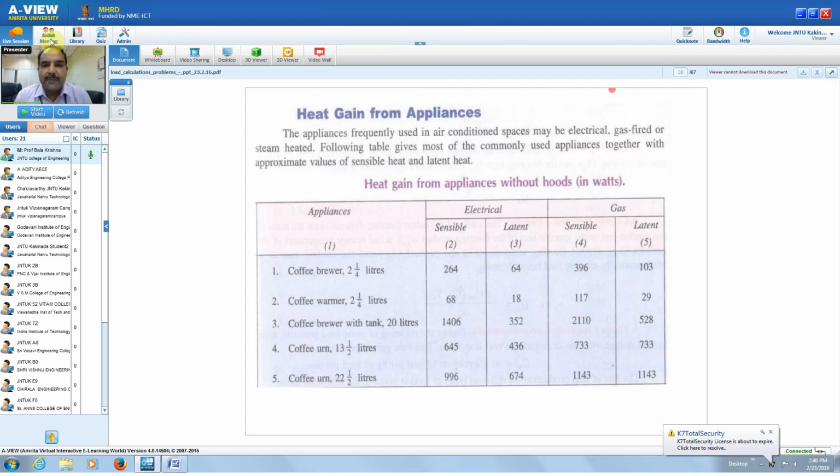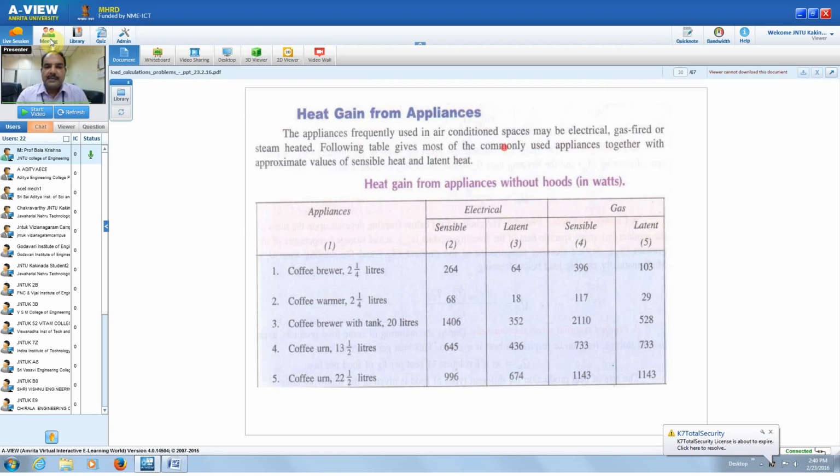Then the heat gain from the appliances. Appliances means whatever is inside the building, frequently used in the air conditioned space, which may be electrical, gas fired or steam heated. The following table gives most of the commonly used appliances together with approximate values of the sensible heat and latent heat.